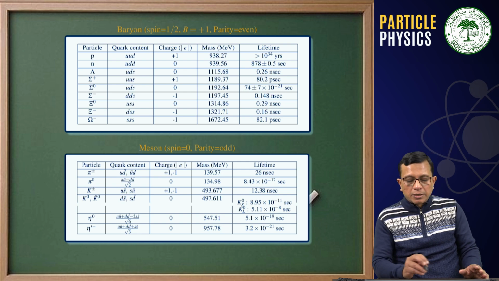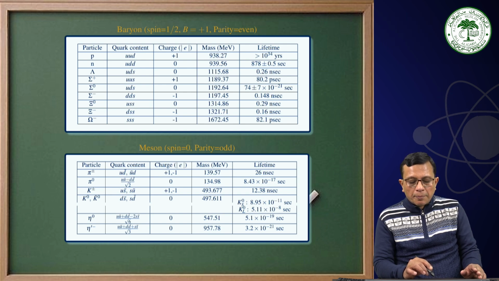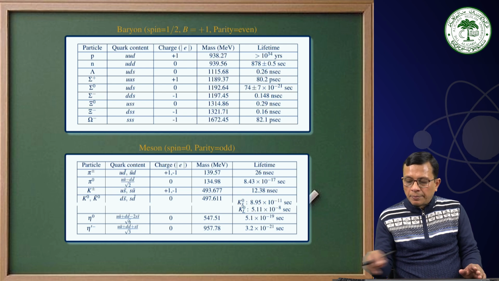But since there is no lepton number or baryon number conservation rule for the mesons, therefore here we are seeing that pi 0, eta 0 prime, they are their own antiparticles. And these are the masses of these particles, and we will talk about them later in this series of lectures.